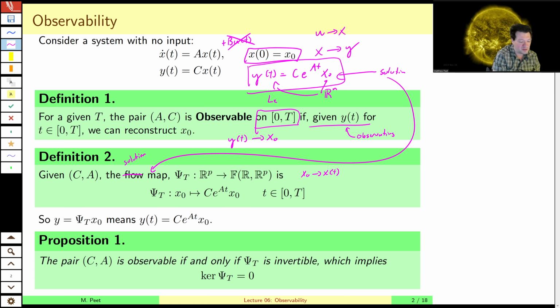That's how it's usually defined as the solution map. So we'll keep our terminology of flow map in there. Right, so the flow map is the output produced for a given initial state.